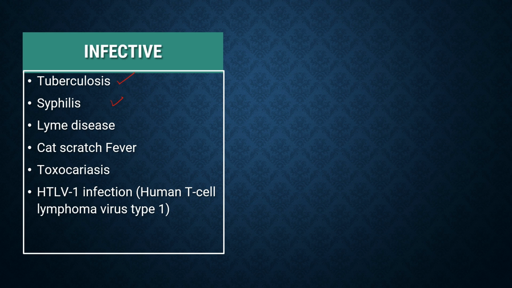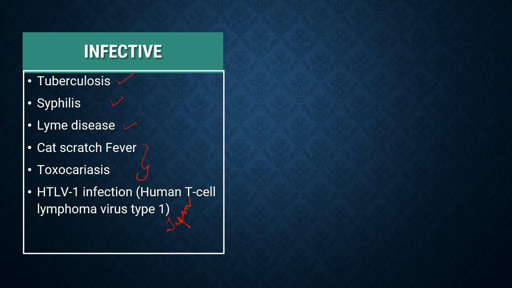Syphilis is a great masquerader. It can present as inflammation in any part of the uvea, so it can also cause intermediate uveitis. Lyme's disease is seen in endemic areas where you have more chances of a tick bite. Then we have cat scratch fever, and toxocariasis is not so common. And then we have human T-cell lymphotropic virus type 1, which is localized in areas of Japan.